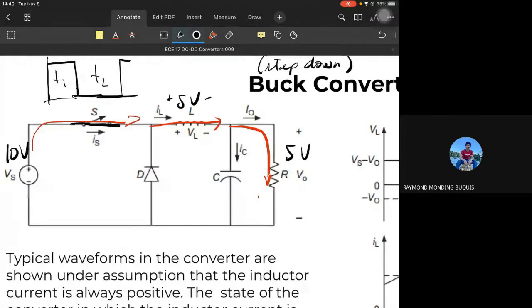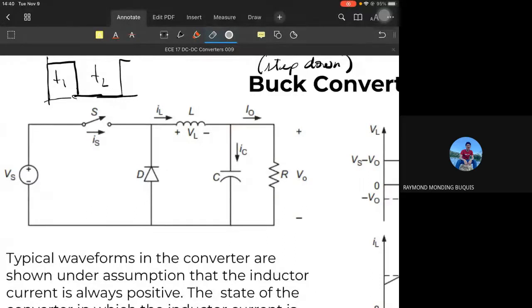In that case, the voltage at our output is stepped down. So it is 5 volts, a lower value compared to the input. That is how buck converters work.